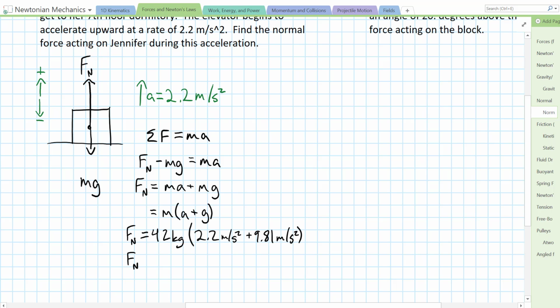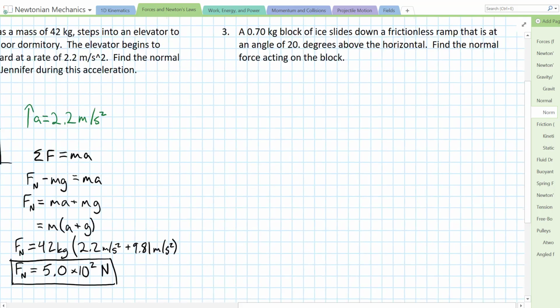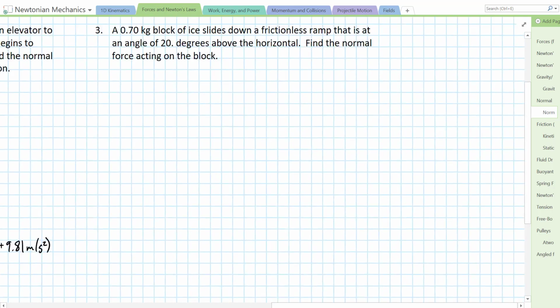Do the parentheses first, 9.81 plus 2.2. 12.01 times 42 is 504, so to 2 sig figs, that's going to be 5.0 times 10 to the 2. It's about 500 newtons. That's that. Okay, next. This third problem is actually a 2-dimensional vector problem.